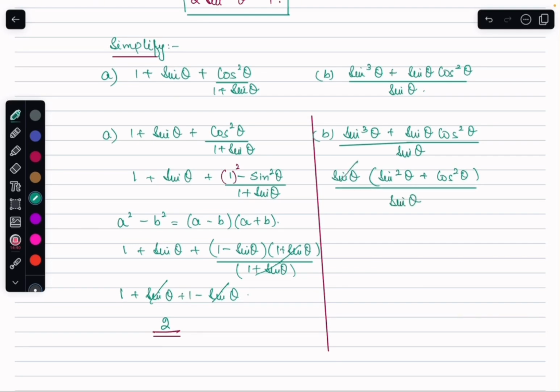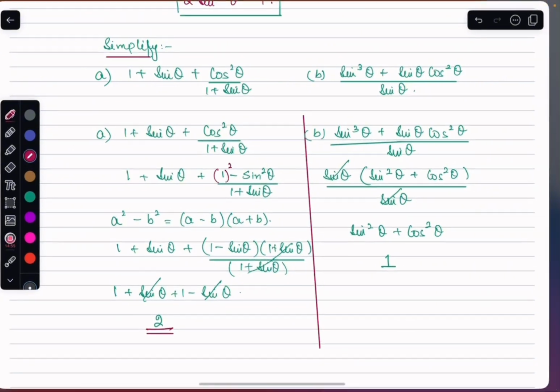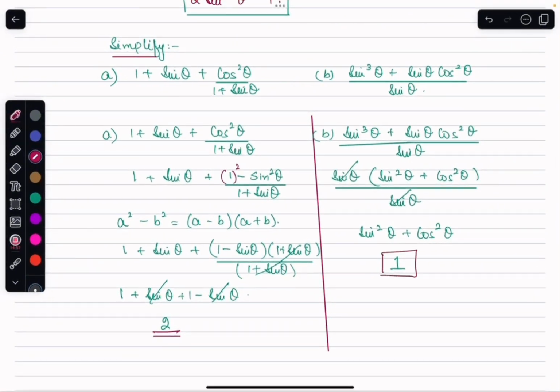Again, the sine theta gets simplified and I'm left with sine square theta plus cos square theta. We know the identity: sine square theta plus cos square theta equals 1. So the simplified answer here is 1. So this then is going to be the answer.